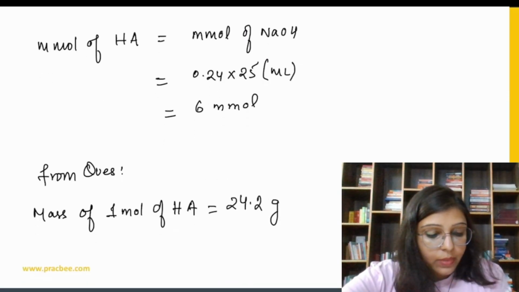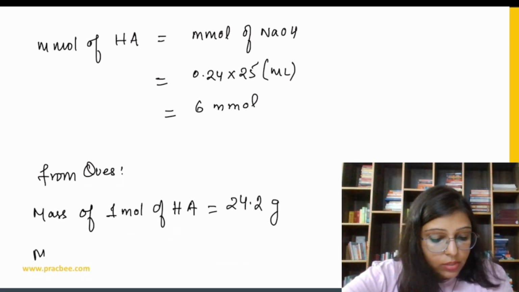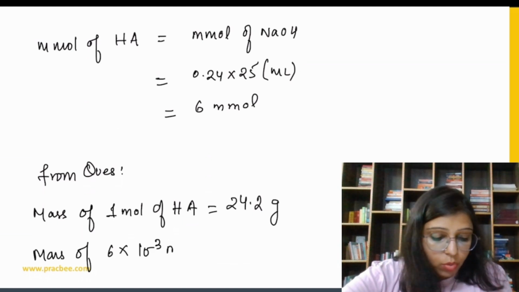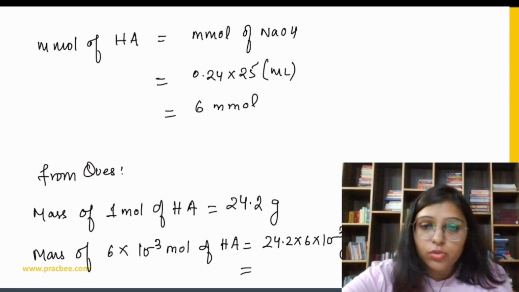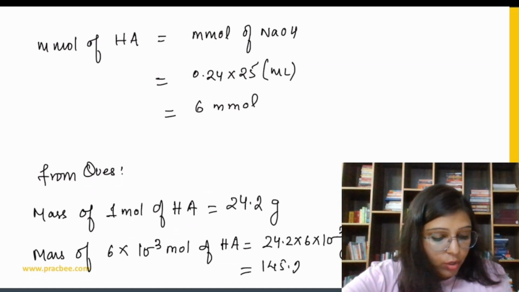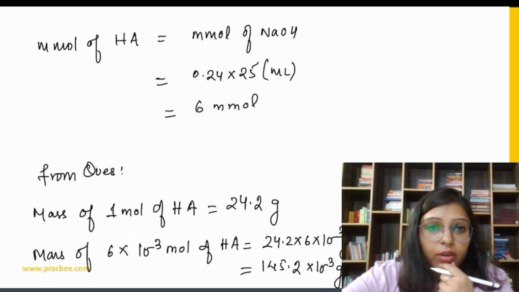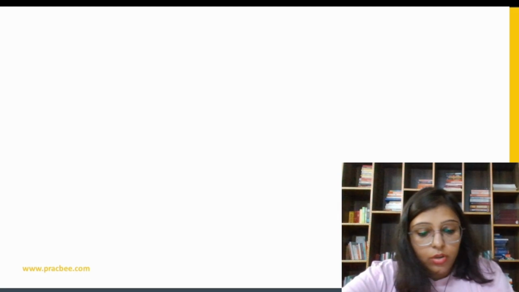So the mass of 6 into 10 to the power minus 3 mole of HA is 24.2 into 6 into 10 to the power minus 3 gram. On solving, you get 145.2 into 10 to the power minus 3 gram. So that is the mass of HA.